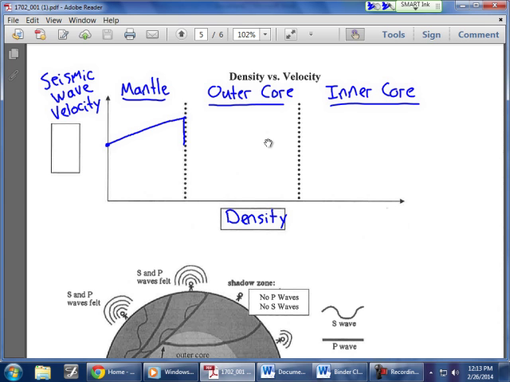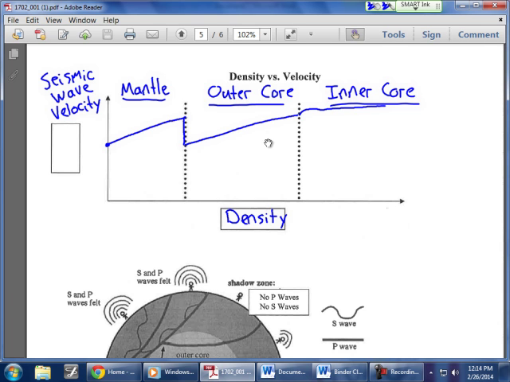So a weird thing happens as you get closer to the outer core. Right before the outer core, the speed actually drops a little bit. Then throughout the outer core, it speeds up some more. And then it speeds up even more as it gets into the inner core. So as you progress from mantle to outer core to inner core, the velocity increases.